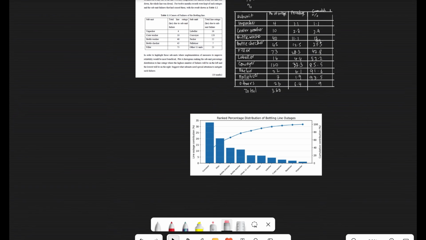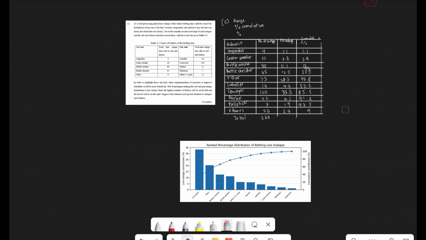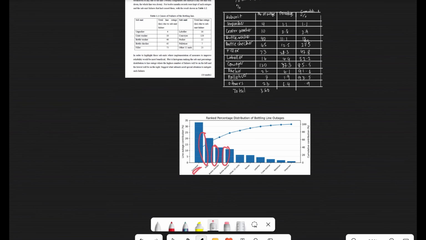Okay, because this is actually not a real histogram, because in a real histogram there is supposed to be no gap here, but because this is not quantitative, this is more like category, right?